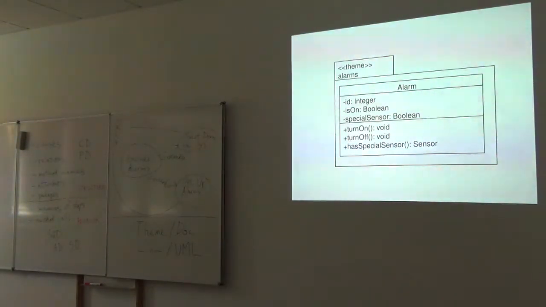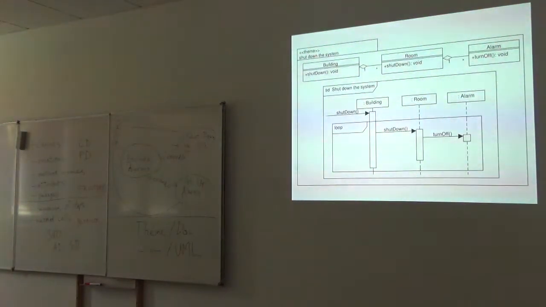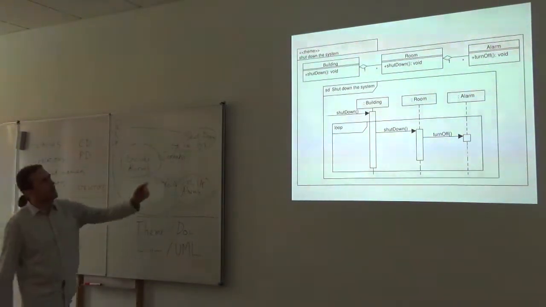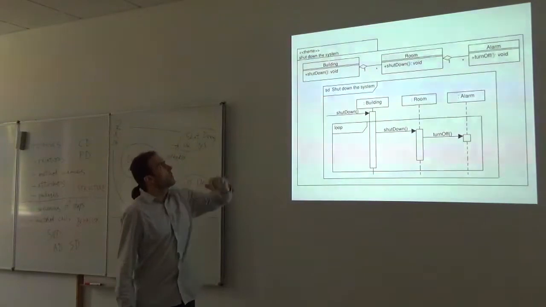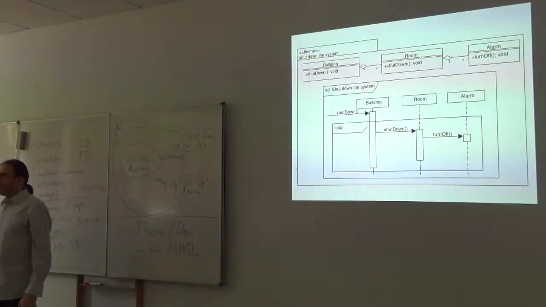So some methods might be repeated, some might not, but we are dealing not with classes themselves. These look like classes, but they are not complete classes. They are partial classes.